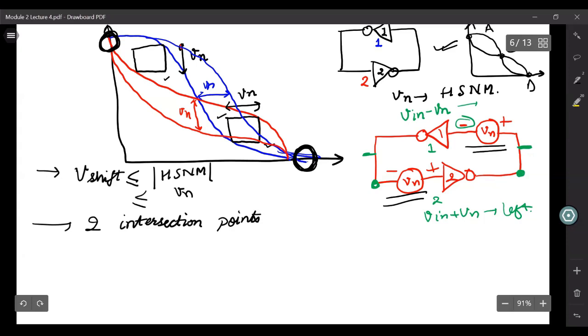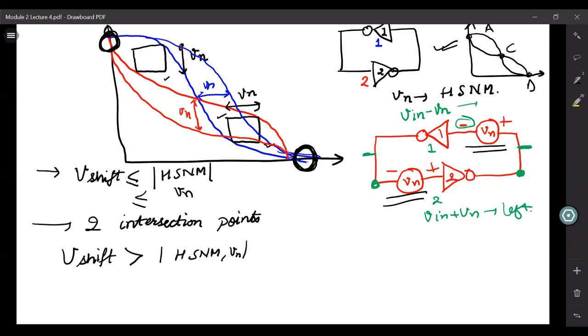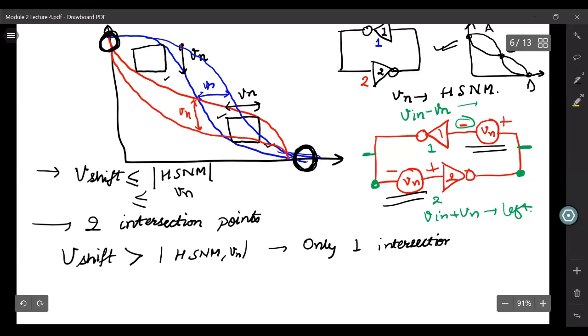Now what happens if we increase our V shift beyond this value of HSNM or Vn, that is the maximum size of this square? You would be left with only 1 intersection point, and that intersection point will be the flipped state.